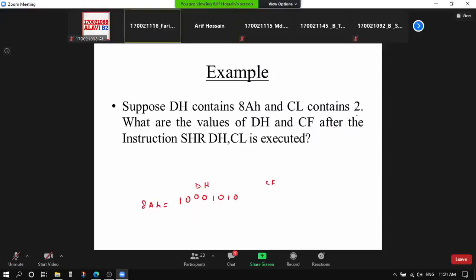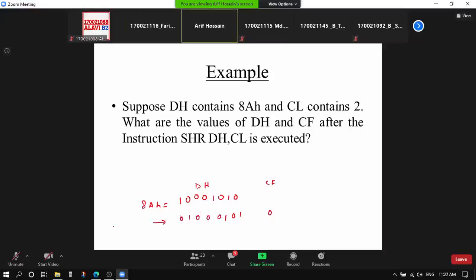Okay. So after the first shift, what will be the value of carry flag? 0. And what will be the value of DH? Say from the right, it becomes easier for you. 0100 0101.